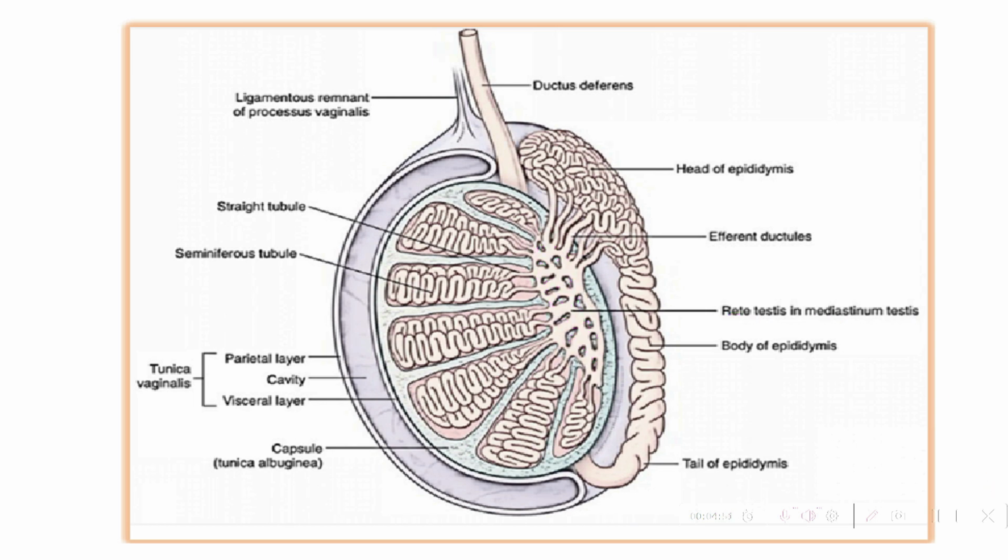After sperm is created in the seminiferous tubules, sperm cells travel towards the epididymis through the rete testis. The rete testis helps to mix the sperm cells around in the fluid secreted by Sertoli cells.